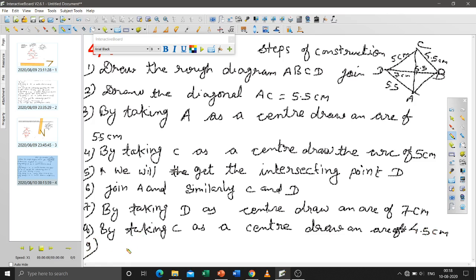We'll get the intersecting point of the arcs. Mark this point as B.